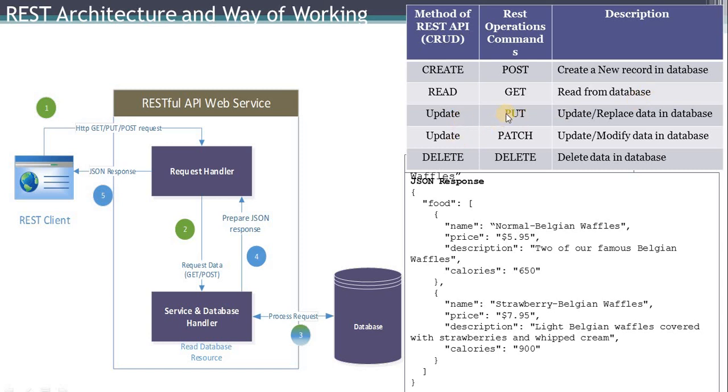For update, we use PUT and PATCH. Most of the integrations support PUT and some of the APIs also support PATCH. The difference between PUT and PATCH is that PUT replaces or updates the complete object, whereas PATCH simply updates the required information. In a user profile, if I'm trying to just update the address, PATCH will only update the address.